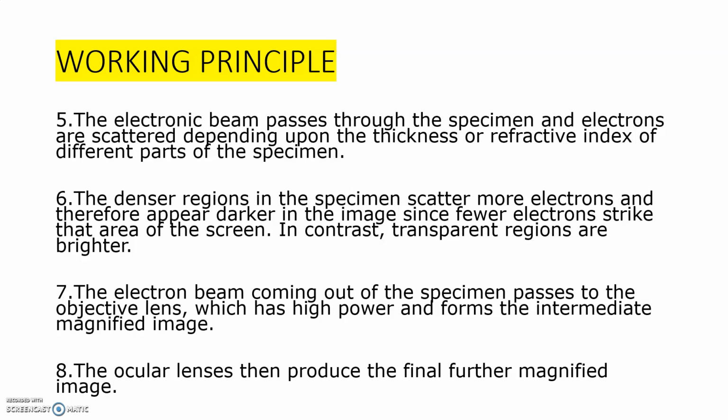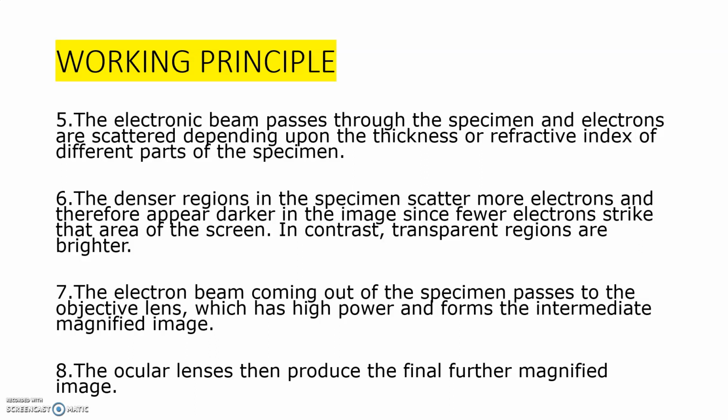If the specimen is very dense, scattering occurs more, and as a result more electrons are scattered and it appears darker in the image, since fewer electrons strike that area of the screen.